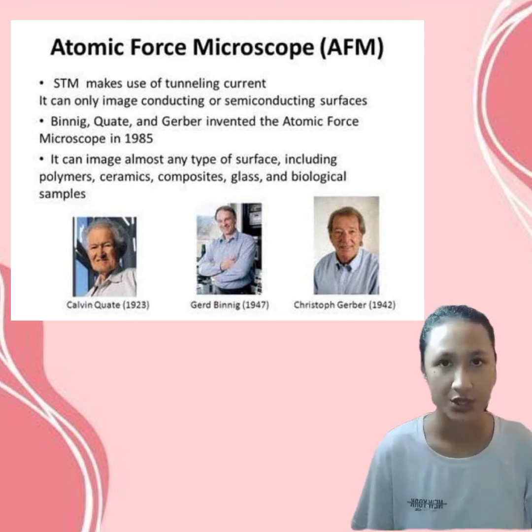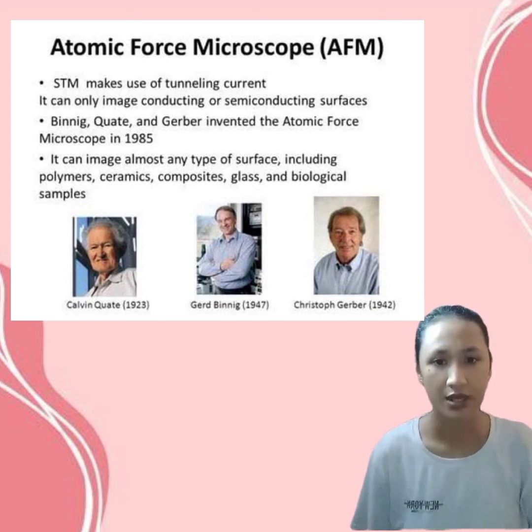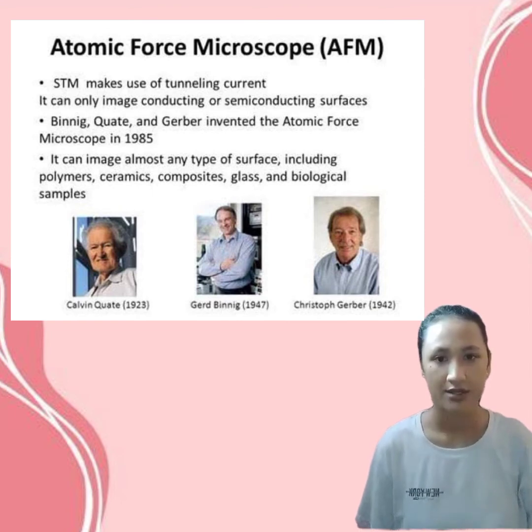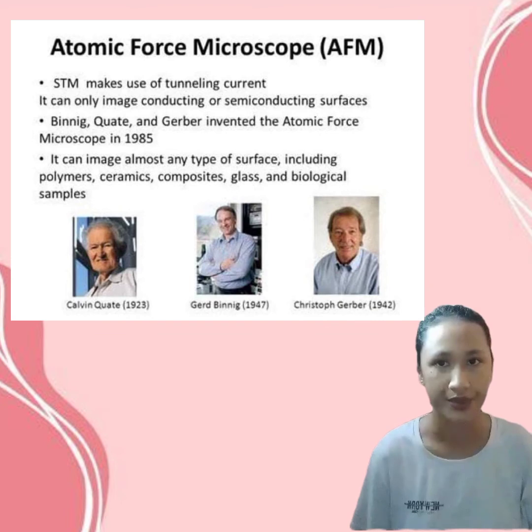IBM researcher Don Eigler was the first to manipulate atoms using a scanning tunneling microscope in 1989. He used 35 xenon atoms to spell out the IBM logo. He shared the 2010 Kavli Prize in Nanoscience for this work.